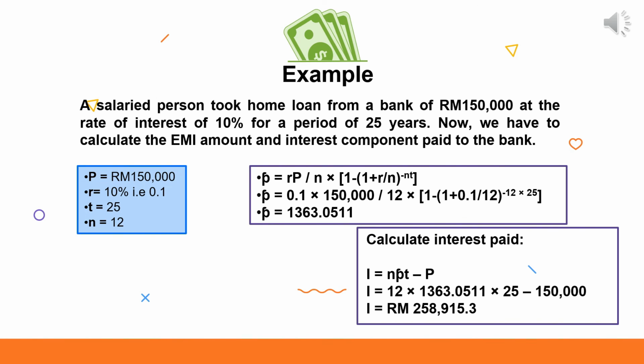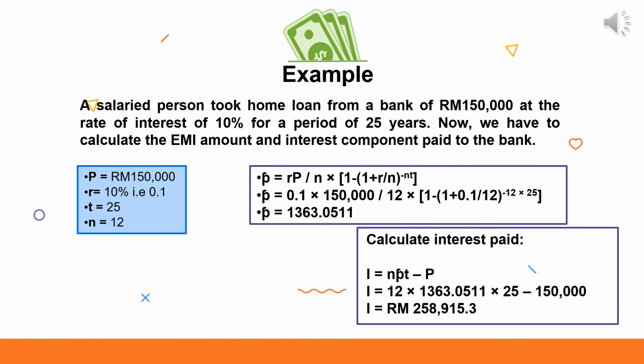Now, using the amortization formula, we just put in the information from that situation and calculate. EMI amount equals 0.1 times 150,000 divided by 12, times bracket 1 minus bracket 1 plus 0.1 divided by 12 close bracket to the negative power 12 times 25 close bracket.